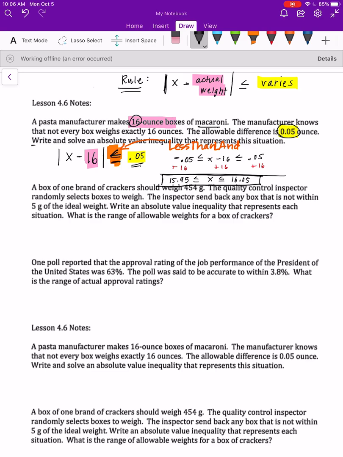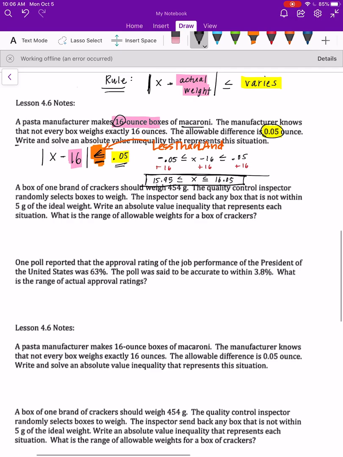If it's not, then they send it back. So that's what they're guaranteeing when you buy a box of 16-ounce pasta, that it is going to be between that range. And again, just like with story problems, we need to describe.